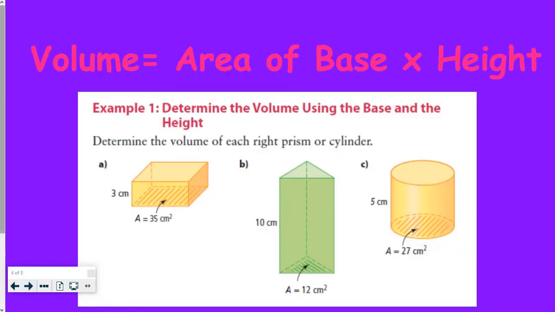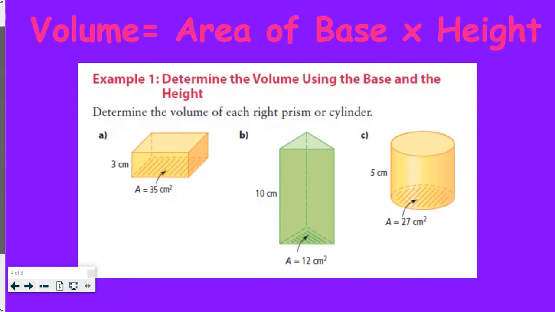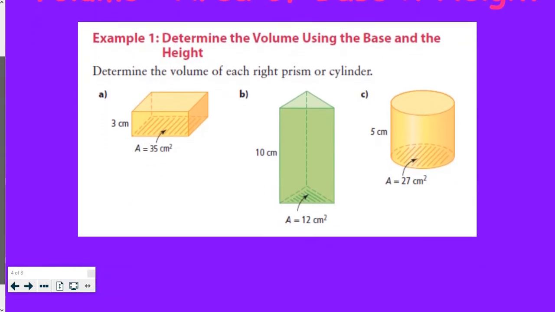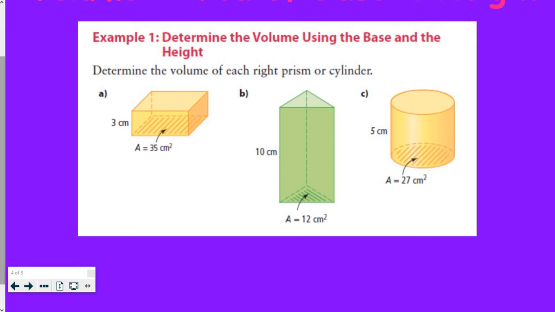So the volume equals the area of the base times the height. If the area of this base right here is 35 centimeters squared, and centimeters squared equals centimeters times centimeters, that's what centimeters squared means. And we're going to multiply this by 3.